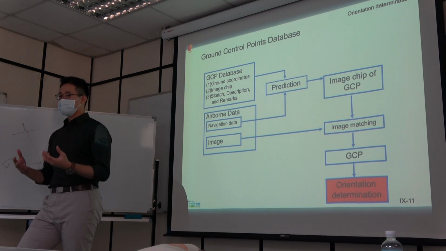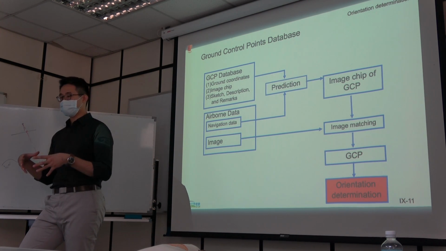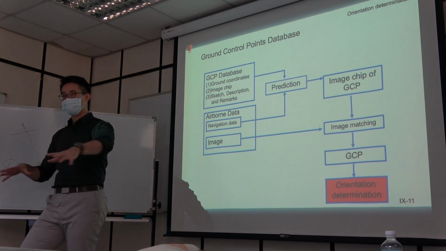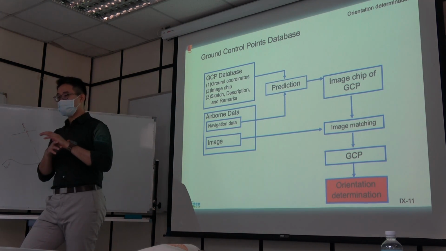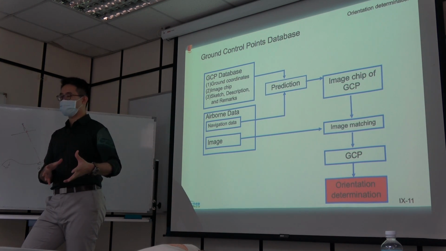And because the GCP is maintained by human beings, you cannot always guarantee that the distribution is evenly distributed and that you have enough GCP, because in some places you couldn't even find any GCP.